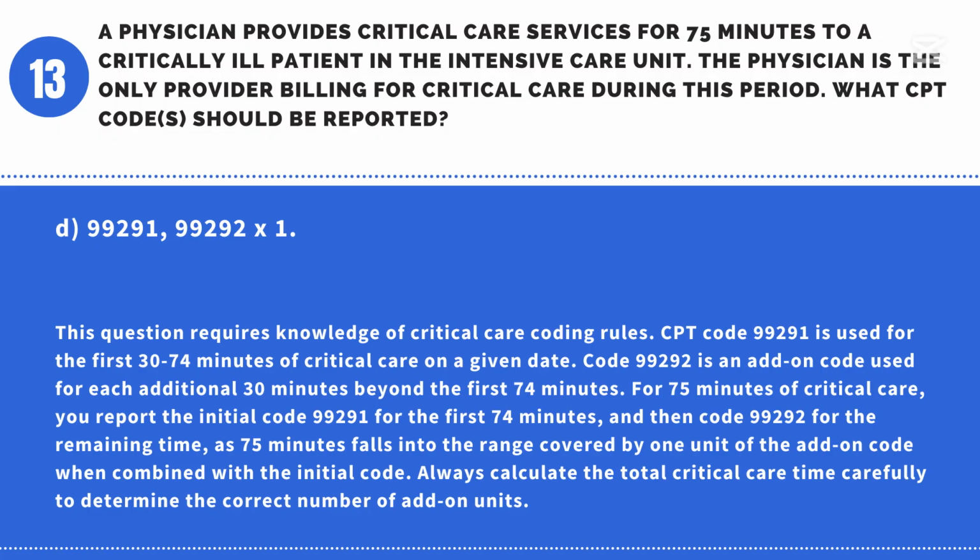For 75 minutes of critical care, you report the initial code 99291 for the first 74 minutes, and then code 99292 for the remaining time, as 75 minutes falls into the range covered by 1 unit of the add-on code when combined with the initial code. Always calculate the total critical care time carefully to determine the correct number of add-on units.